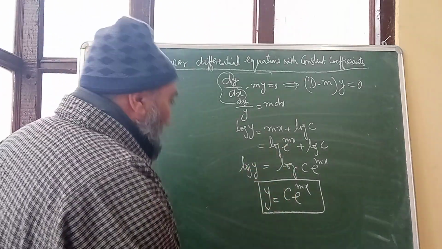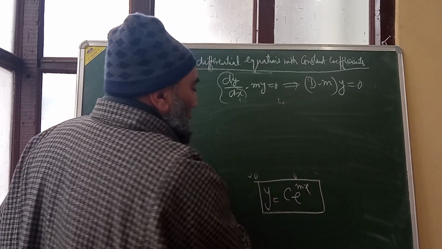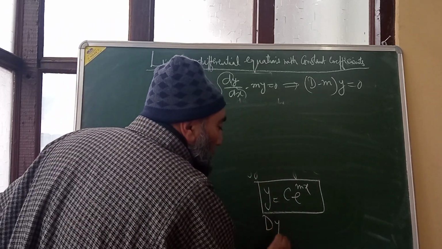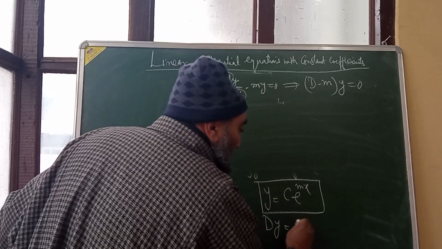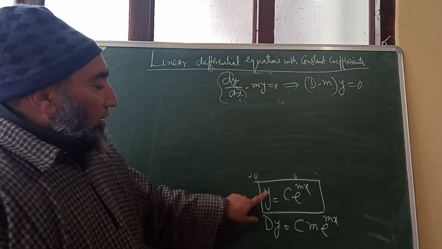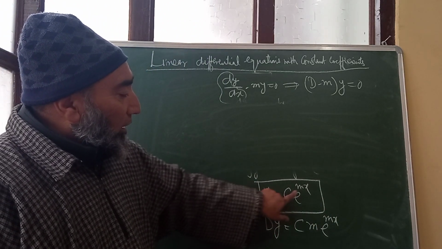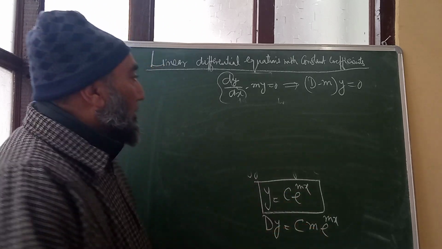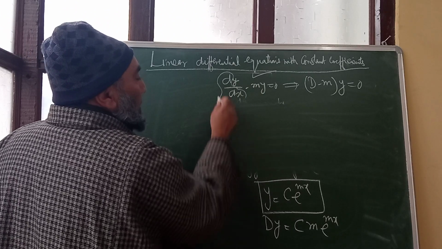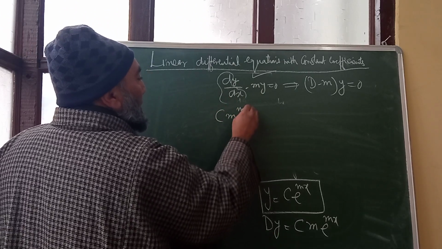This is the solution because, you see, if your y is equal to c e to the power mx, what is Dy, meaning differentiation of y with respect to x? It is cm e to the power mx. Now if you have dy/dx minus my, what is dy/dx? cm e to the power mx.